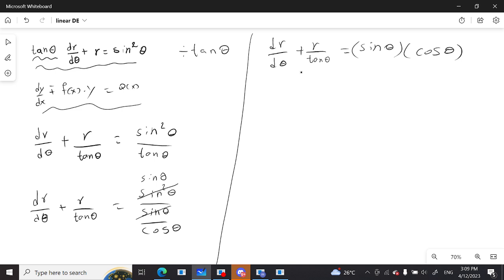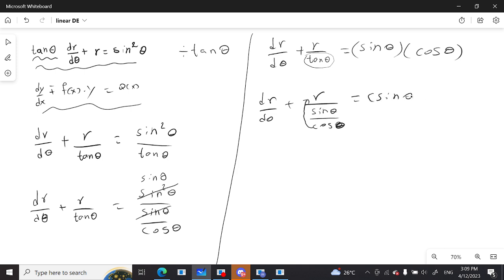We could also simplify this part, as it becomes d theta plus r divided by sine theta divided by cosine theta. The cosine goes up top, now it's multiplied by r, and cosine over sine is cotan.